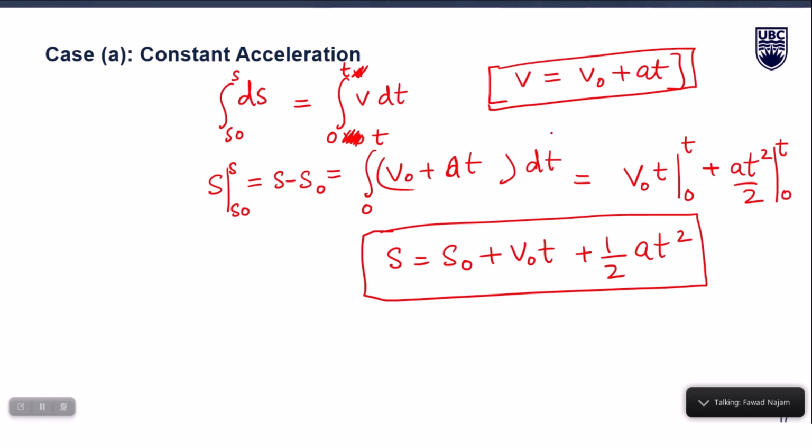So what I essentially did is I was given a constant a, and I converted it into a v versus t relationship, and then again converted that into an s versus t relationship, right? That is the summary of the whole case A.